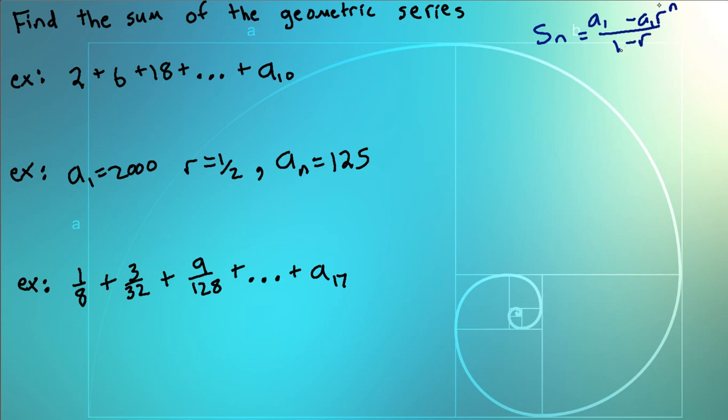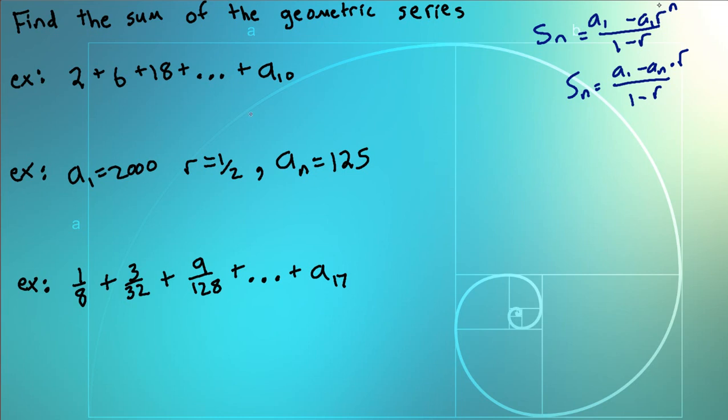Don't forget that 1 minus the ratio. And we could also use this other one, and we'll just use the one that is easiest for the situation that we have, because in each one, we are given a different piece of information.